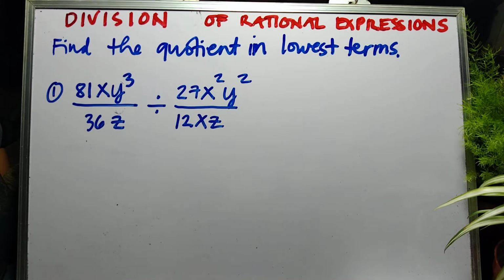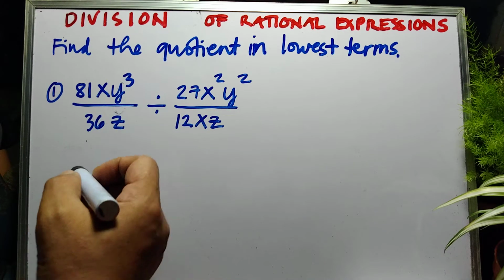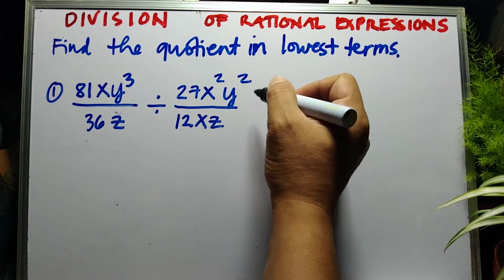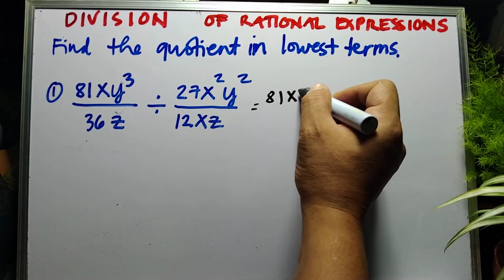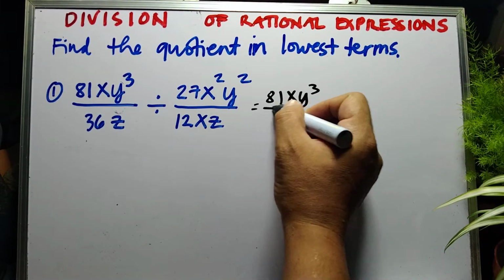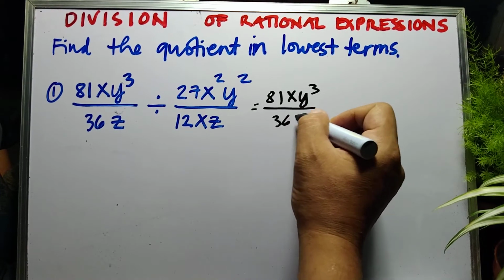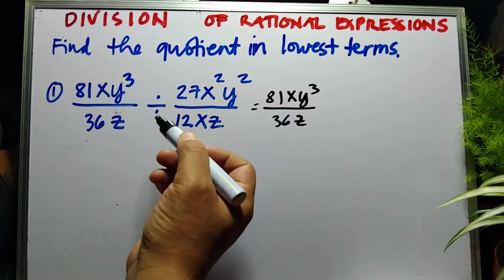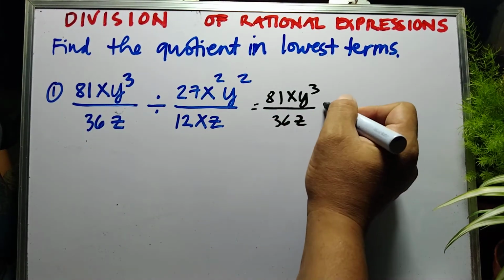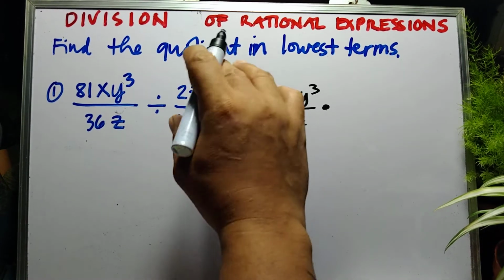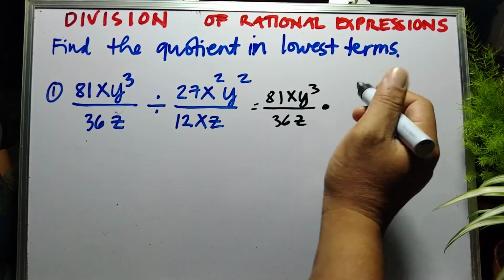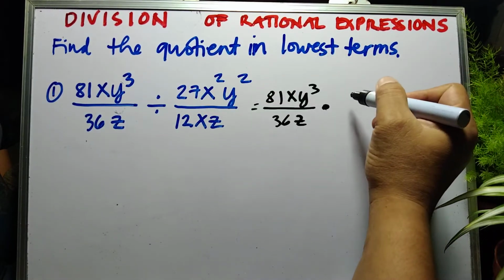First step that we need to do here is we simply copy 81xy cubed over 36z. Then, since this is a division, this will become multiplication. Then, the reciprocal of this rational expression.